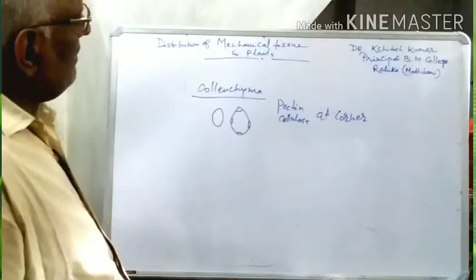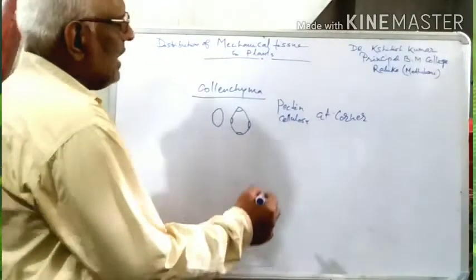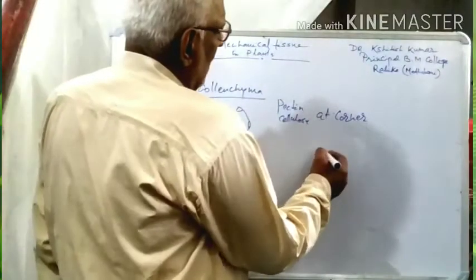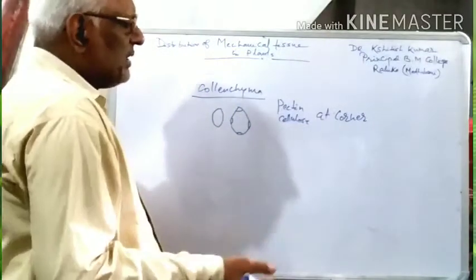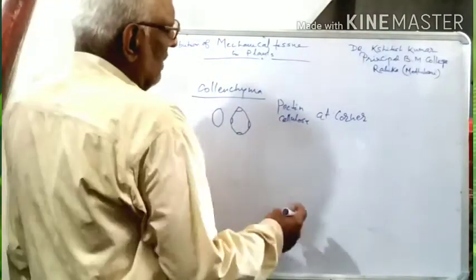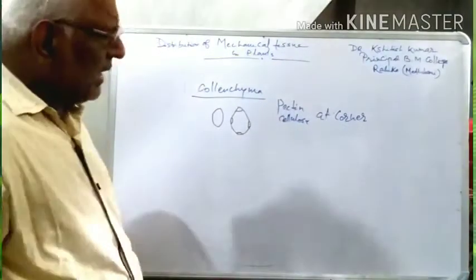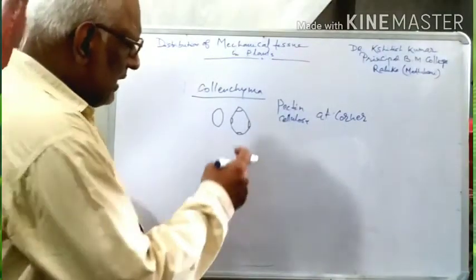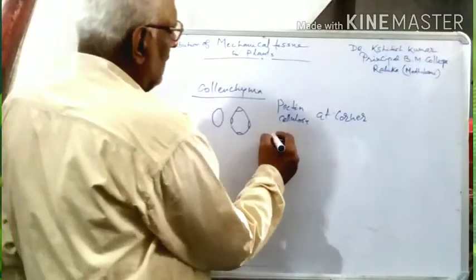Generally, collenchyma is found in the stems of dicot plants. It lies below the epidermis, in the zone known as the hypodermis.